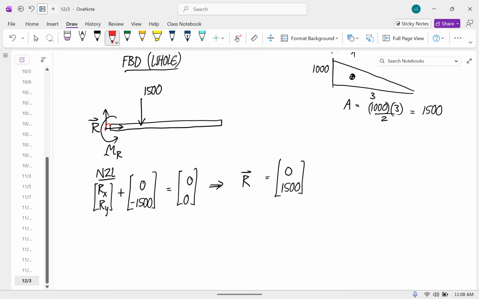And then the moment equation, I'll do my moments about the left end. So we have no moment from the R's. We have MR, and then we have a moment arm of 1, a force of 1,500. That force would produce a clockwise rotation, so this is negative. And so MR is equal to 1,500.